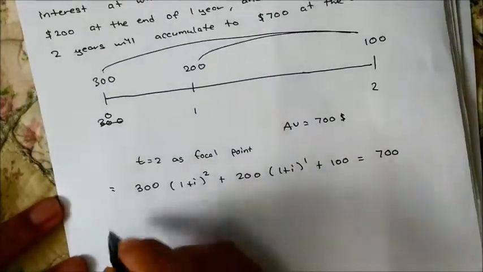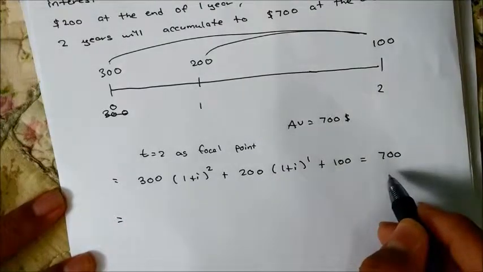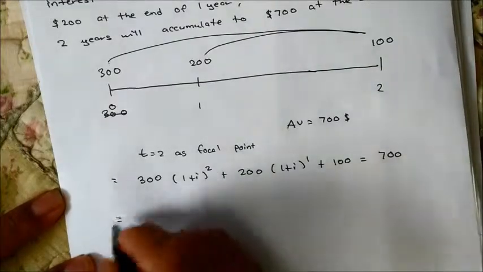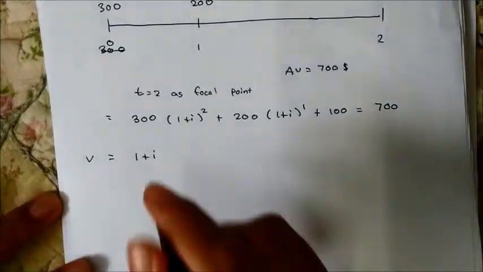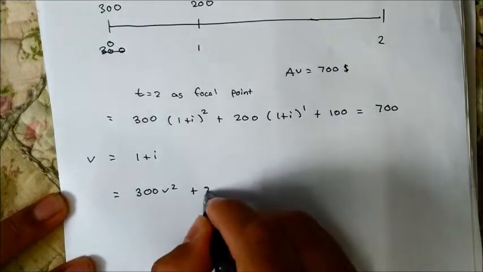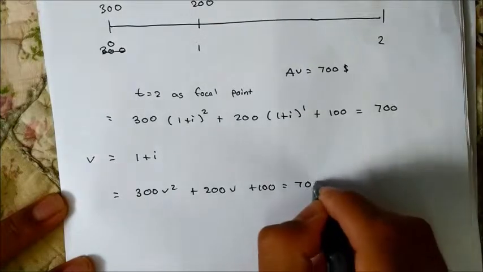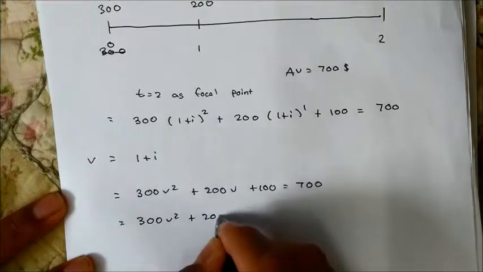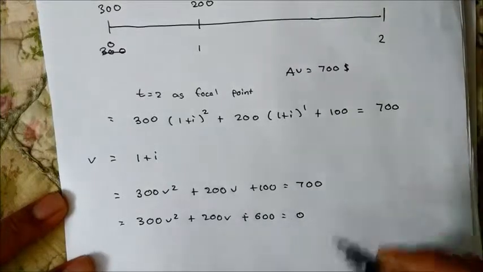Alright, so if you noticed, the equation represents a quadratic form. To make our calculation easier, we will let v equal 1 plus i. Therefore, we get the equation 300v squared plus 200v plus 100 equals 700, or we can simplify that to 300v squared plus 200v minus 600 equals 0.